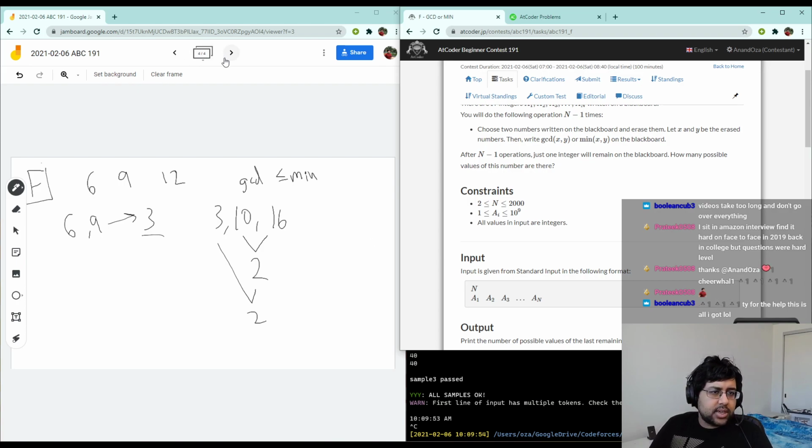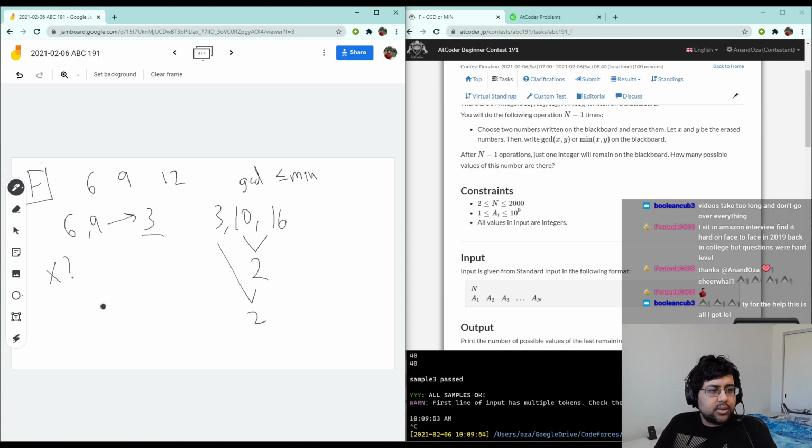If we want to see if a given number is possible, we can go through all the elements, and any element that's a multiple of it, we can take the GCD of all of those. That will either be equal to this, or it'll be equal to another multiple of this. So that's one way to do this.